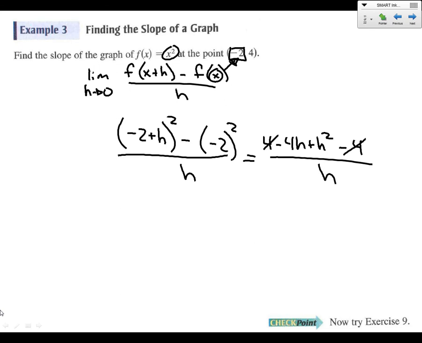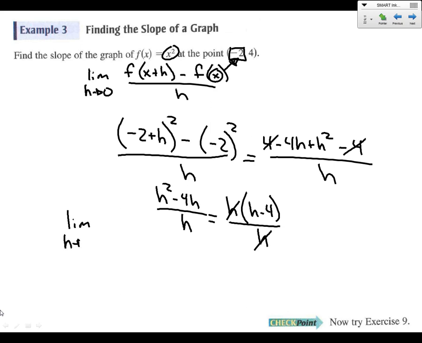And so let me rewrite this as h squared minus 4h all over h. Pulling h out, we've got h times h minus 4 all over h. Let's cancel the h's. And so we've got, remember it was the limit as h approaches 0 all the way through, we just weren't writing it, of h minus 4. What's 0 minus 4? We can do direct substitution. The slope is negative 4, all right, at (-2, 4).